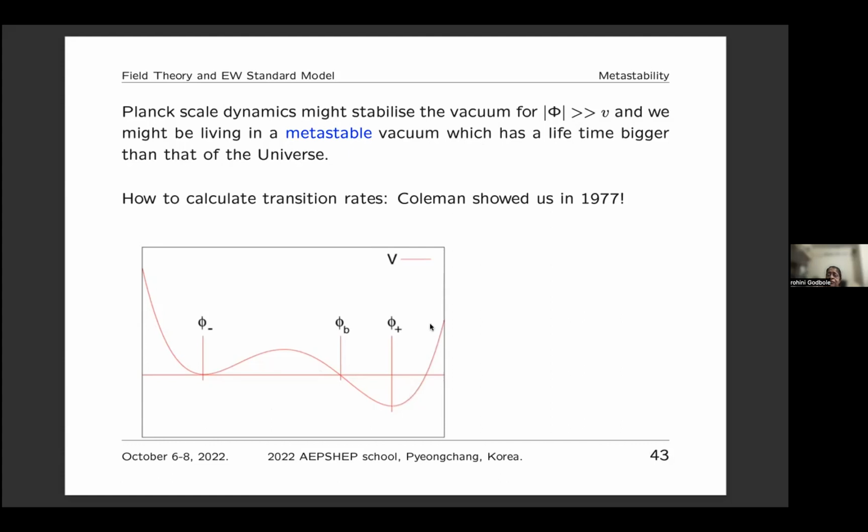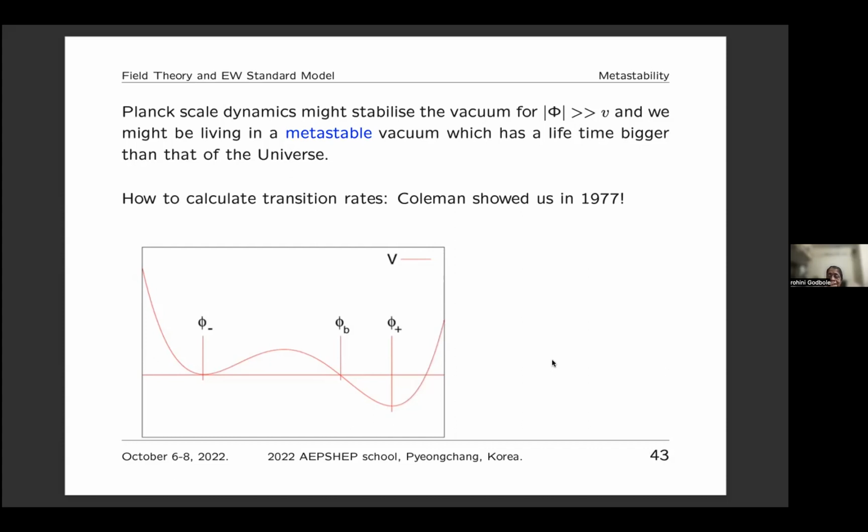But there might exist corrections which produce another minimum at high scales. That means that in the early universe you could have had a lower minimum, and we may have settled into that minimum, and if the vacuum has a very, very long lifetime compared to the lifetime of the universe, we might actually be sitting in this universe. This is, by the way, only a cartoon. I'm not drawing real effects here.